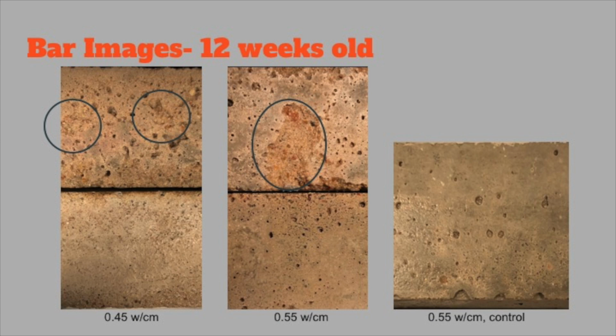And in the bottom of the 0.45, there's not much surface damage, but there is just a little bit. While the 0.55, there's a huge chunk taken off the surface where no slag is, which is the top image. And then the bottom image, there's not much change. And then, as you can see in the control bar, no surface has fallen off because that one wasn't exposed to sulfates. That's in the lime water, and you can see nothing's happened to the surface of that one.